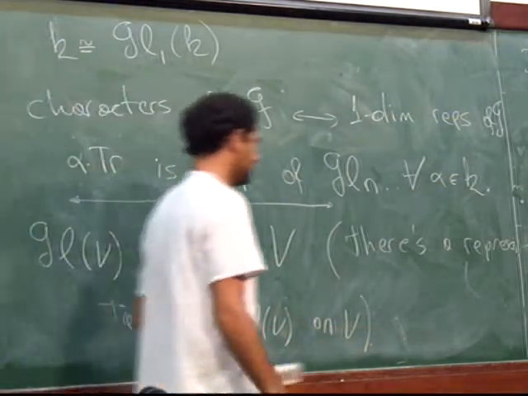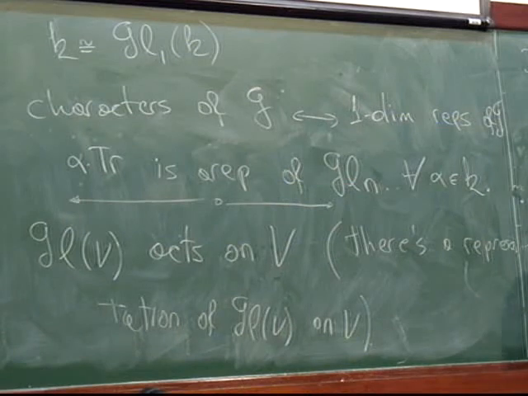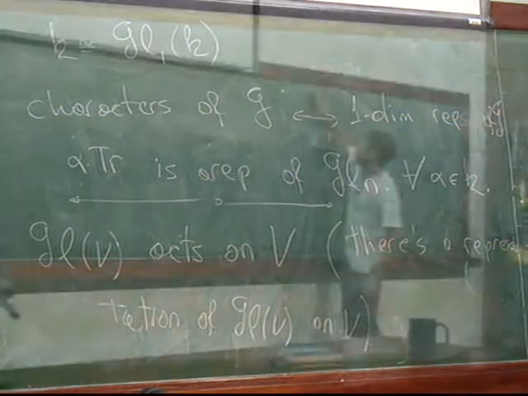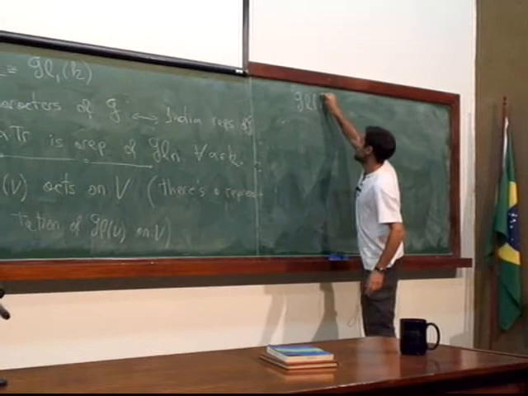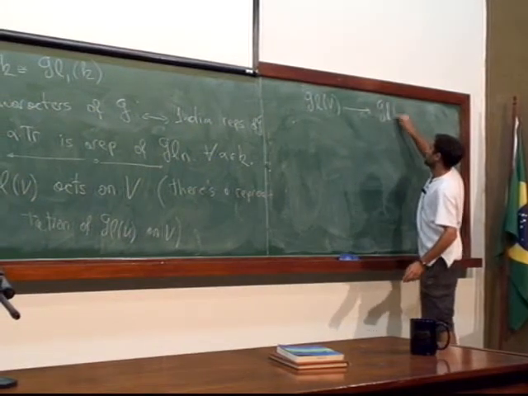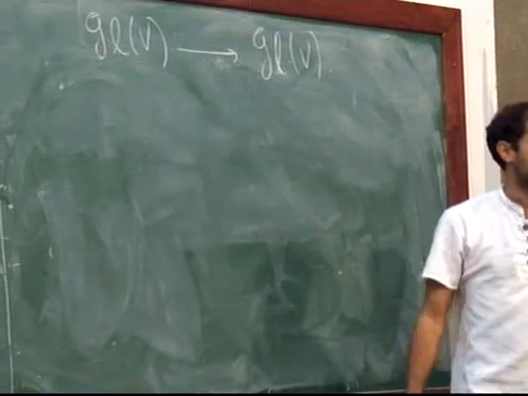Well, a representation of a Lie algebra is, by definition, a map from the Lie algebra into GL of the vector space. So I'm looking for a map from GLV into GLV. Just take the identity.